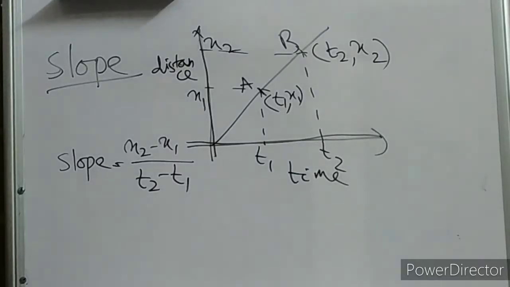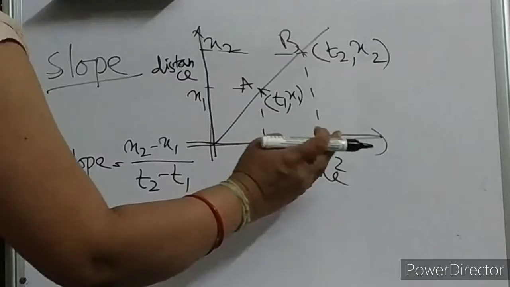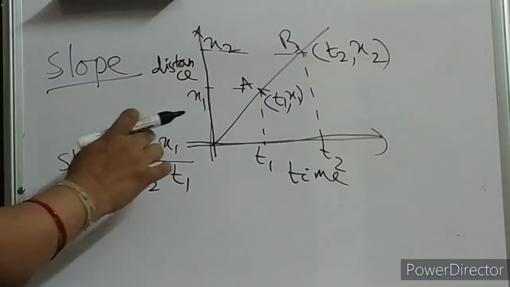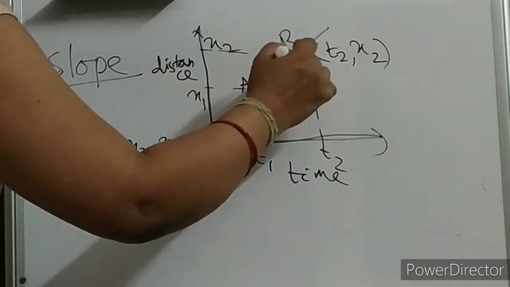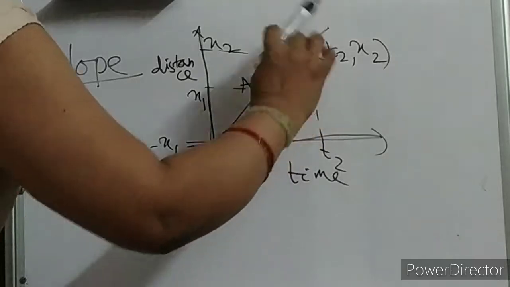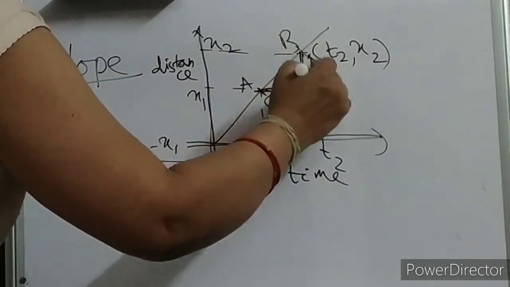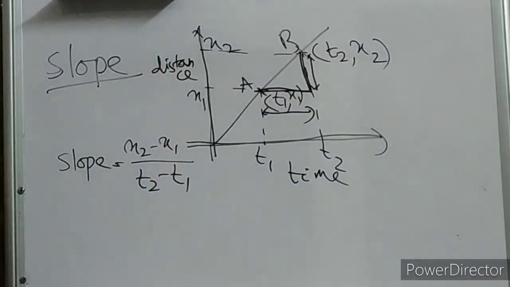So in mathematics, what is slope? Slope is y2 minus y1 divided by x2 minus x1. So here, y2 minus y1 means x2 minus x1 divided by T2 minus T1. Are you getting it now? This divided by this is your slope only.